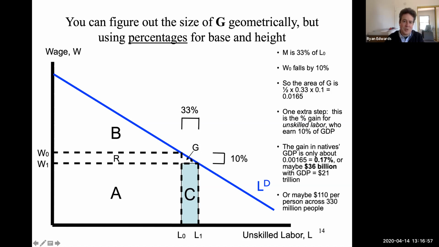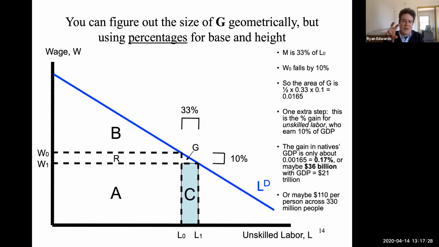Given the estimate of the slope of this, a change of 33% would give you a reduction in the marginal product of labor, or the wage, of about 10%. And so the product of these things times 1/2 then gets you into the territory of something like this, 0.0165. That's the percentage gain for unskilled labor who earn 10% of GDP, which is another step that I think usually confuses students who see this.